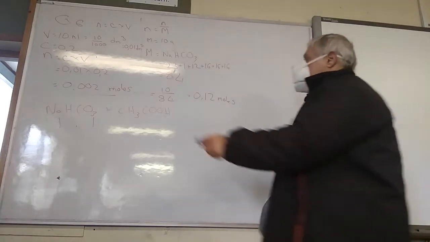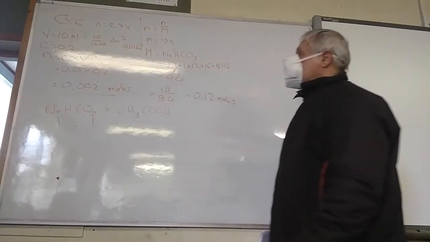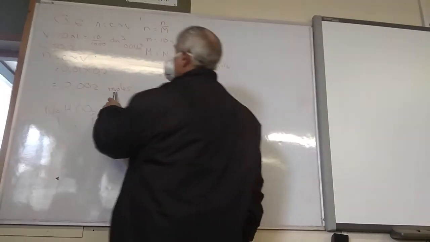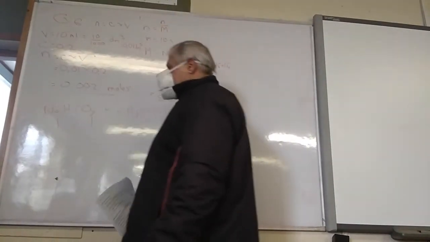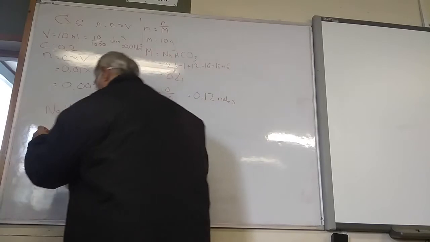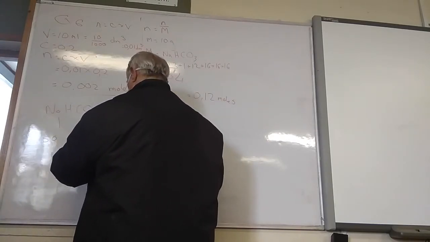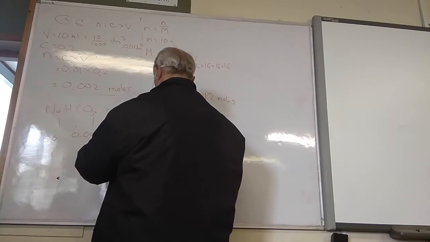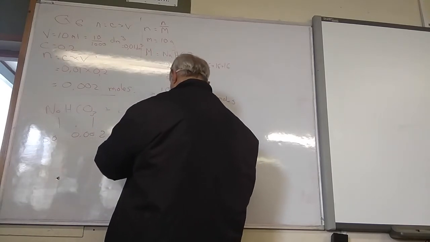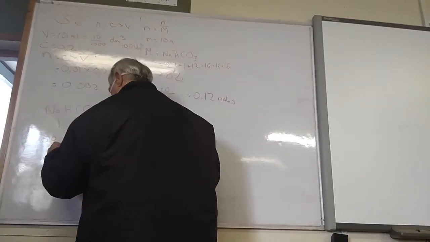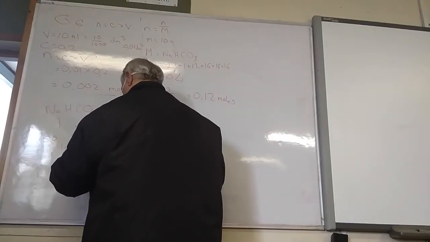So, look at that. Which one is going to run out first? This one, which is our vinegar. Okay, so 0.002 is less than 0.12, therefore vinegar is the limiting reagent.